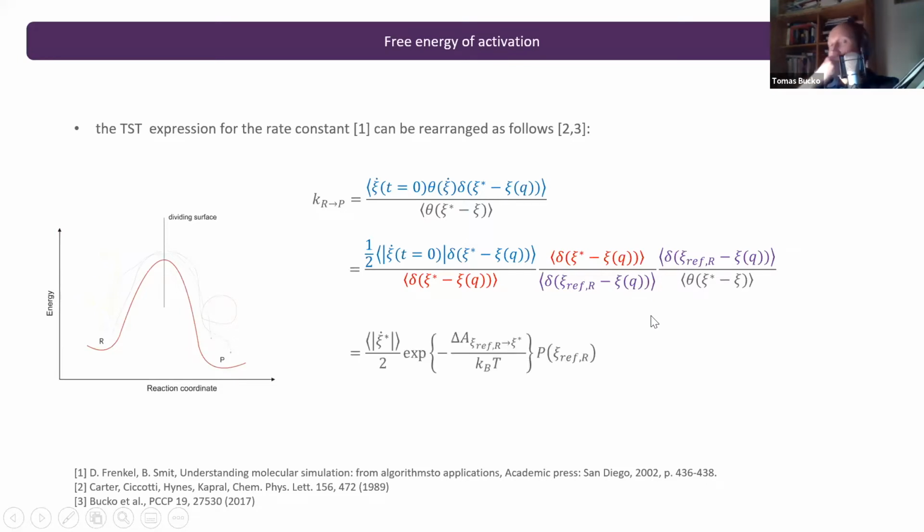Now the terms as they are arranged can be expressed elegantly. The first term is nothing but the absolute value of velocity at the transition state. The last term is the probability density of the arbitrarily chosen reference reactant state. And the term in the middle is the reversible work needed to shift the state from the reference reactant state to the transition state.